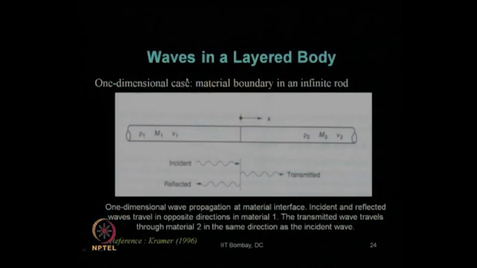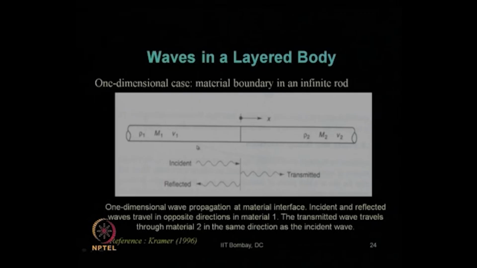So, after satisfying that, what we can see when waves travel in a layered body, and still remember we are talking about one dimensional wave only. So, we are talking about one dimensional wave propagation in a layered media. For the one dimensional case, a material boundary in an infinite rod is represented through this picture.